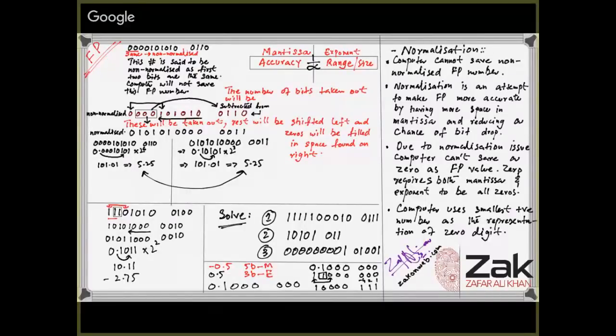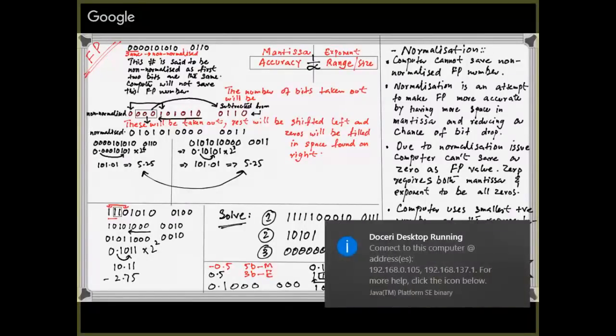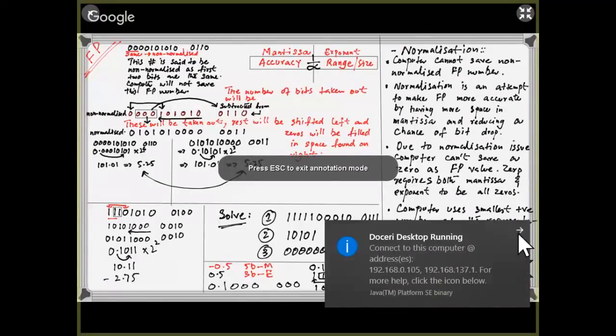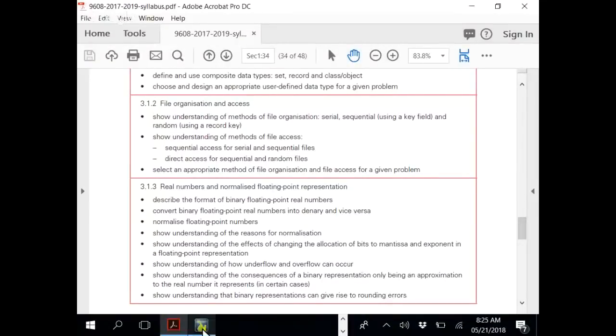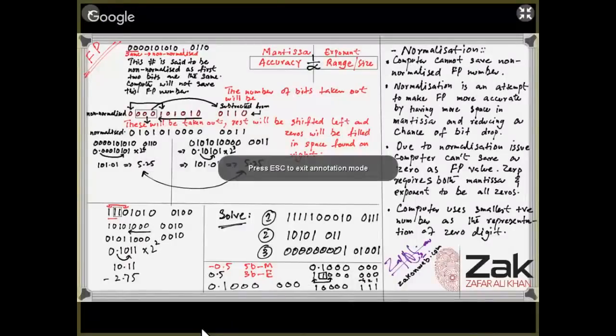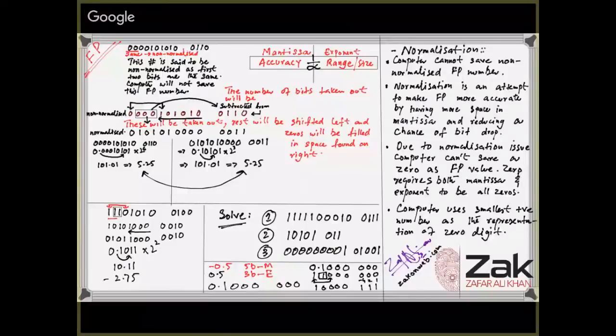We do not lose any number majorly, but we lose the smaller fractions.